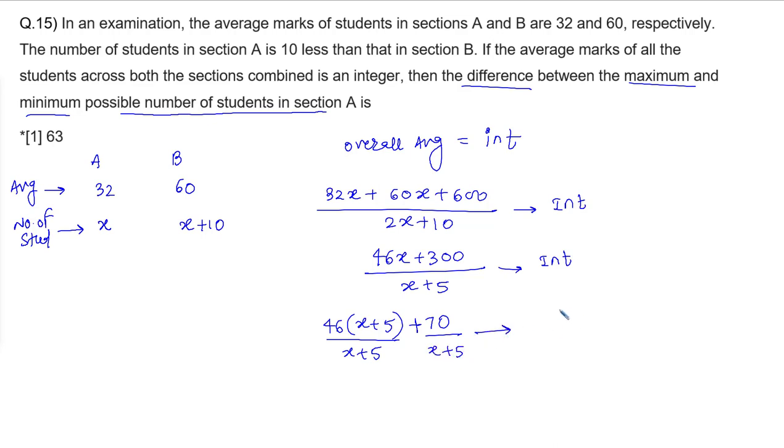So this is going to be 46 plus 70 divided by x plus 5. And this is going to be an integer. So from this we can conclude that x plus 5 is going to be a factor of 70.